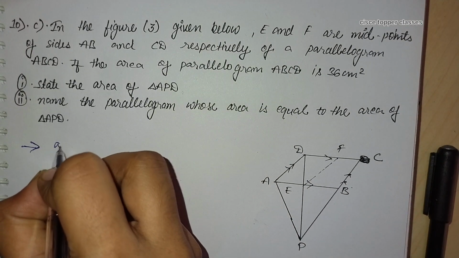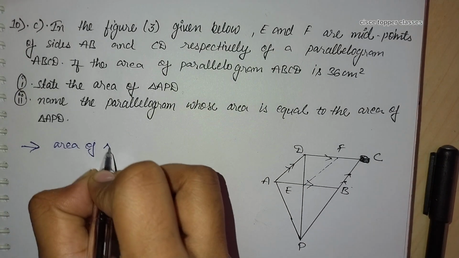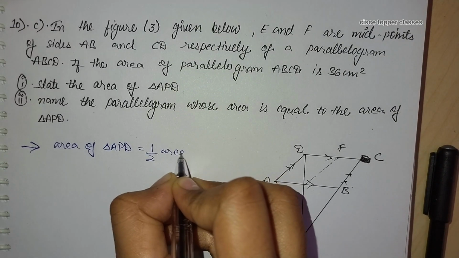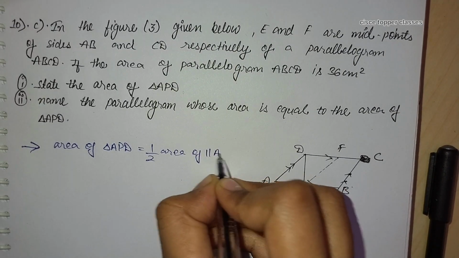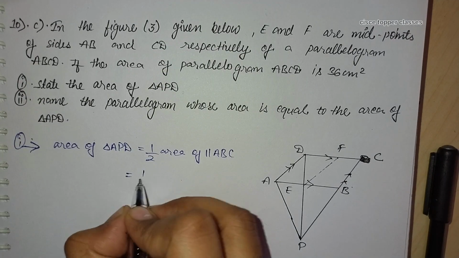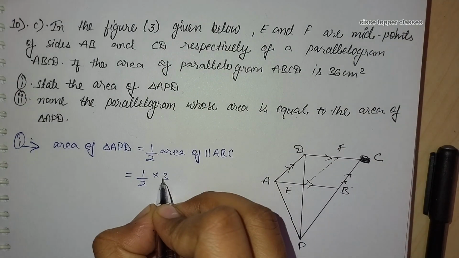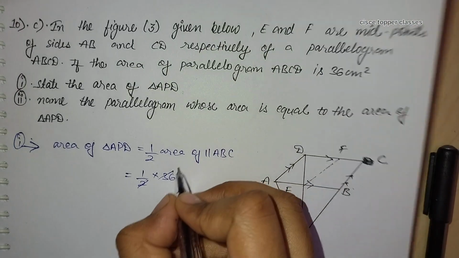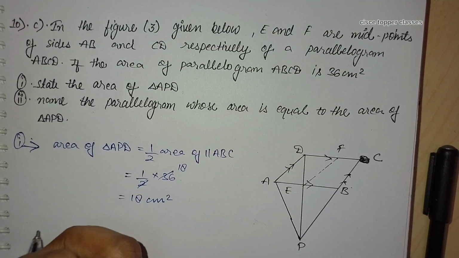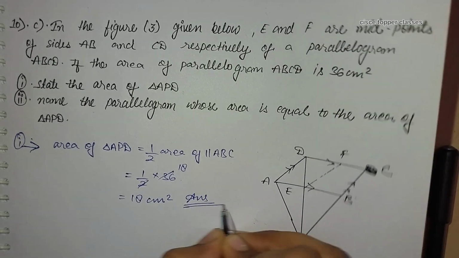So we can simply write area of triangle APD is equal to half of area of parallelogram ABCD. It will be half into 36 because it is given to us. So it will be 18 centimeters square. So this is the answer of first part here.